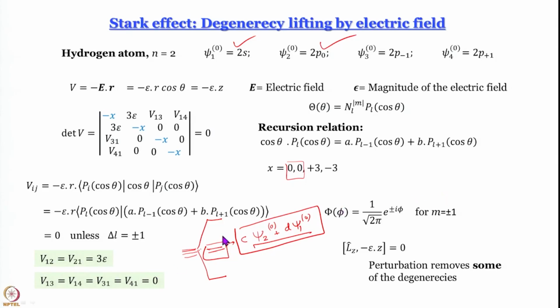This plus 1 and minus 1 get very different energies, and the 2s and 2p0 orbitals mix and the energy is not changed. That leads us to the concept of hybrid orbitals. This is the discussion of perturbation theory that I wanted to perform.